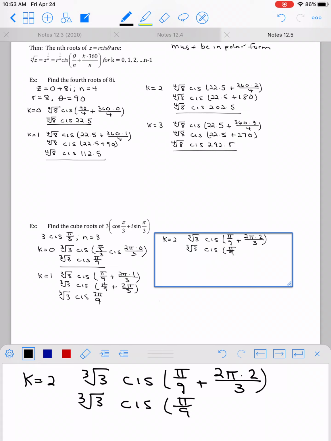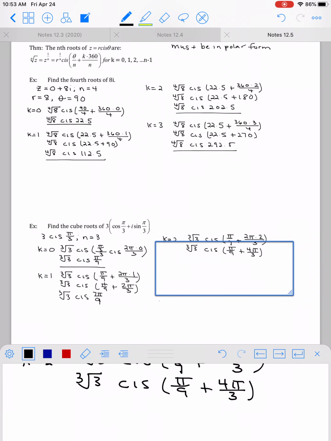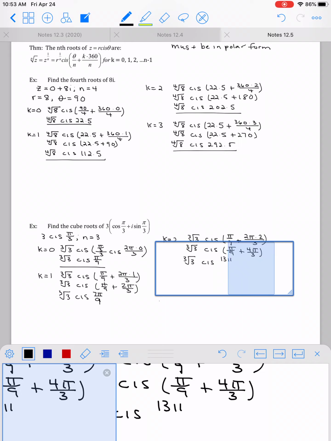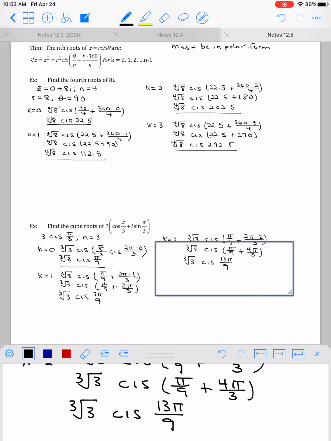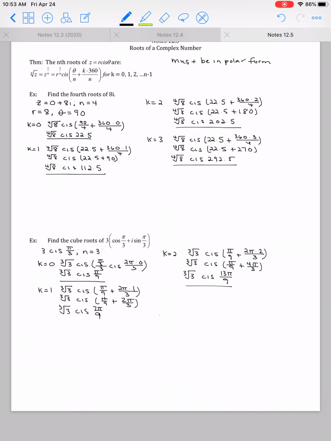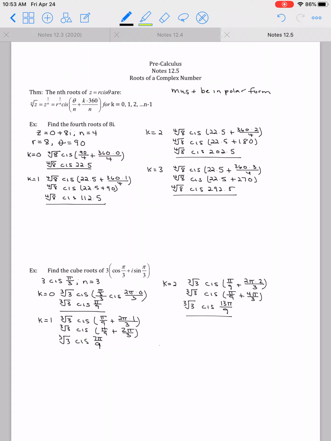I'm trying to show the steps, that way you can see how the work should look. And then here, cube root of 3 cis, that would be 13 pi over 9. And then that does it. So really, there's not a lot. The pattern maintains, it stays the same. You're always basing it off that original angle. And remember, your complex number needs to be in polar form.